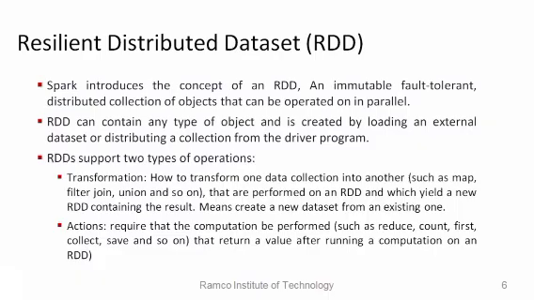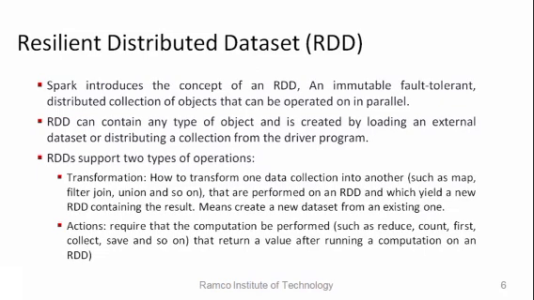Spark introduced the concept of RDD, an immutable fault-tolerant distributed collection of objects that can be operated on in parallel. An RDD can contain any type of object and is created by loading an external dataset or distributing a collection from the driver program. RDD supports two types of operations.